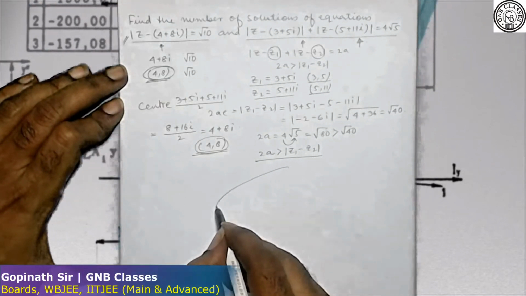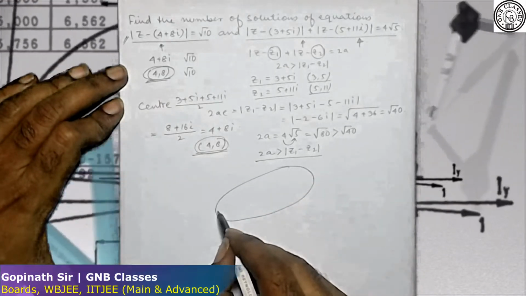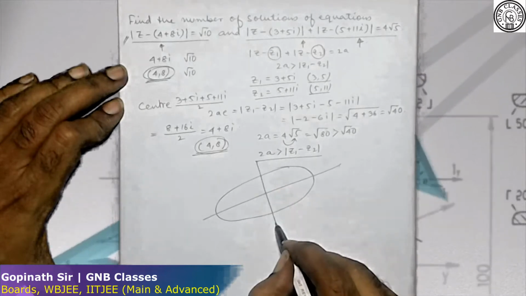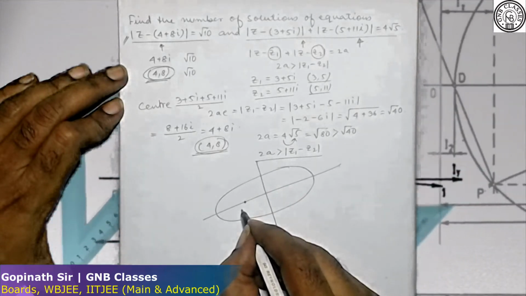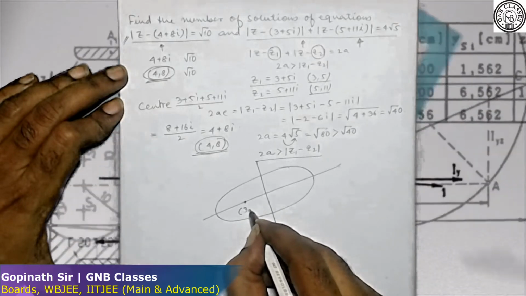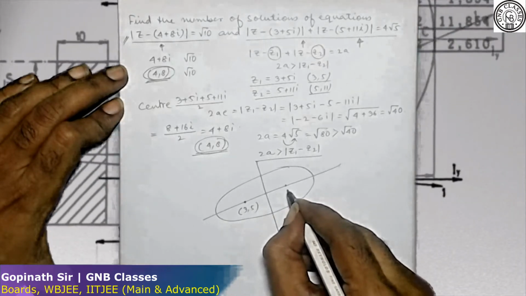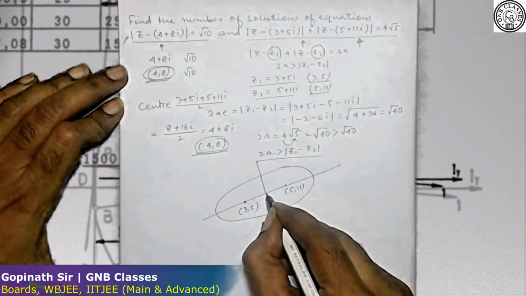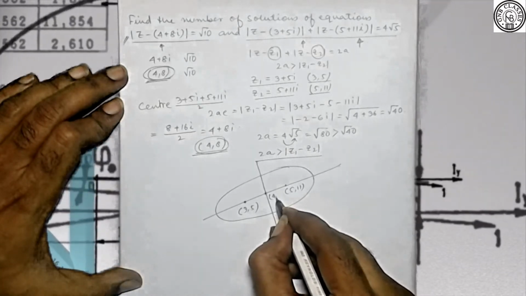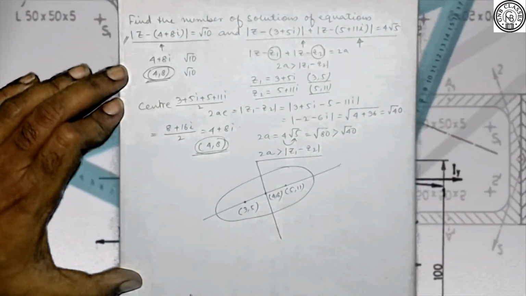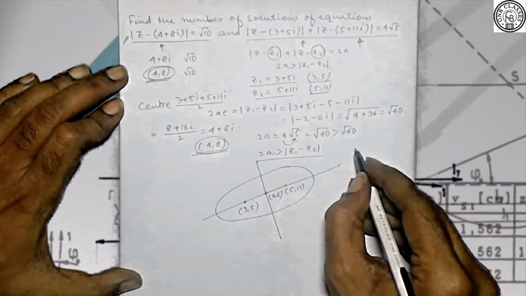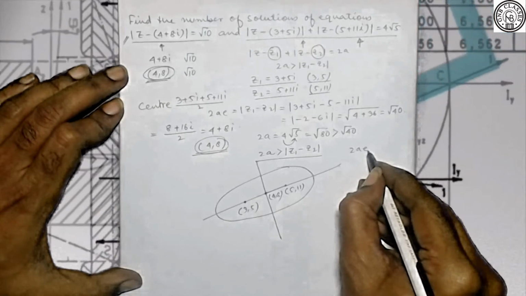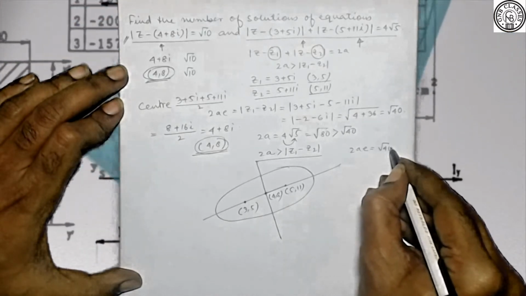The ellipse will look something like this. Let us say this point is (3, 5), which is a focus. This is (5, 11), and this is the center, which is (4, 8). Now, this distance is basically AE. 2AE is root 40.